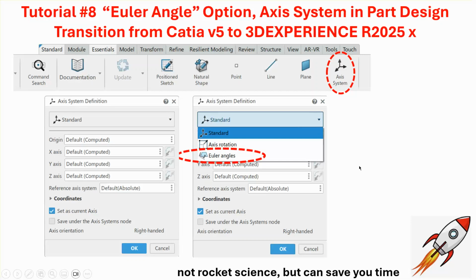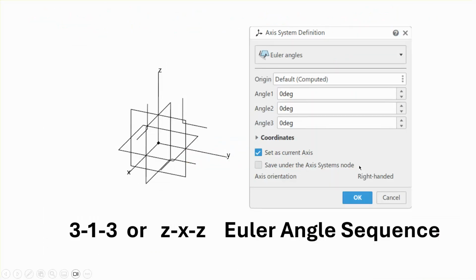Now, Euler angles are used for determining the orientation of rigid bodies, or what is called attitude. I'm not teaching you what Euler angles are, but there are 12 sequences of them.